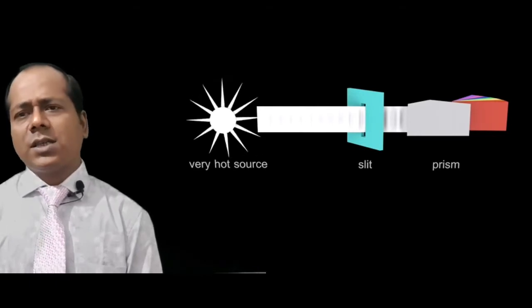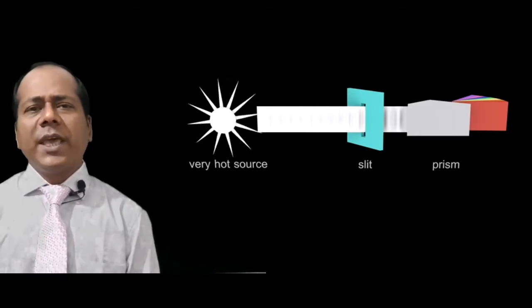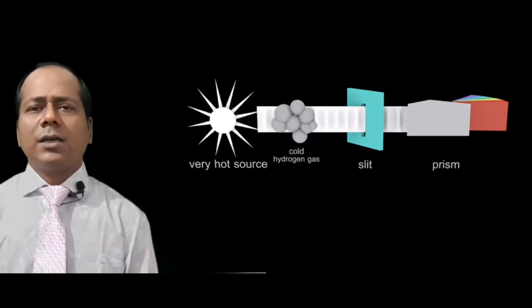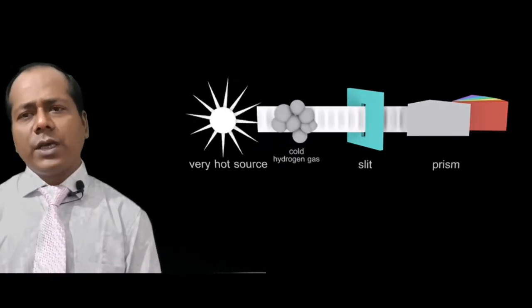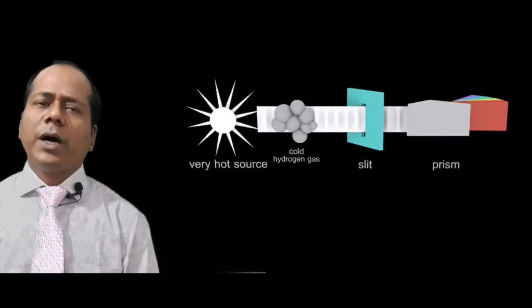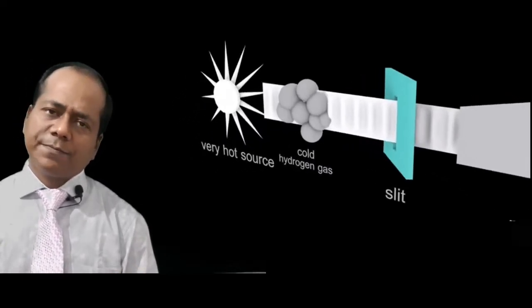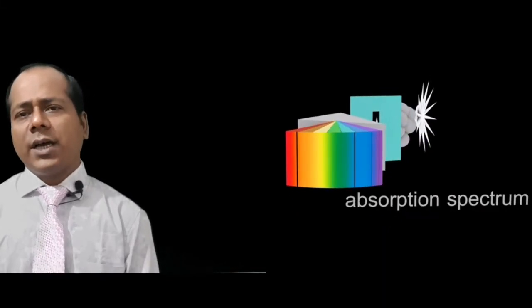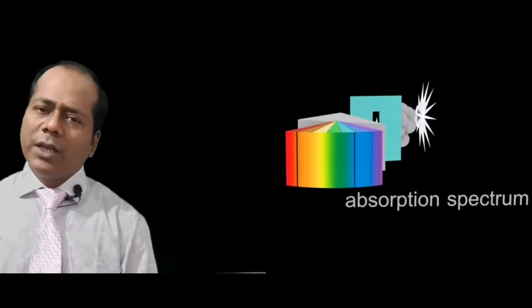These colors are known as the spectra of hydrogen. These line spectra are of definite wavelengths which cannot be shown by any other element. That is why atomic spectra are the unique characteristics of elements.